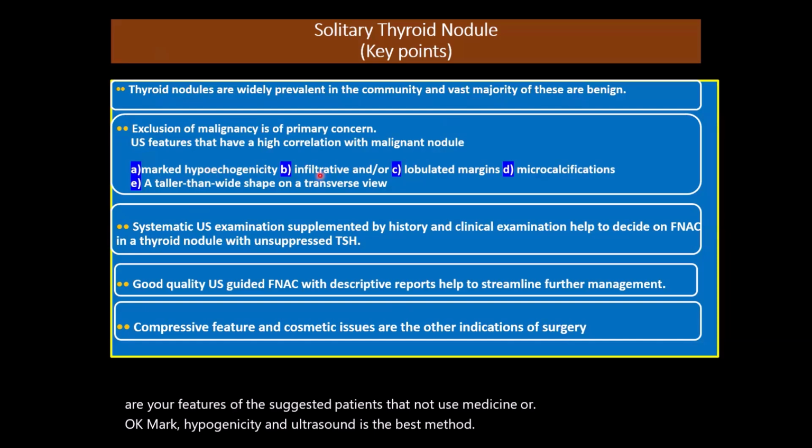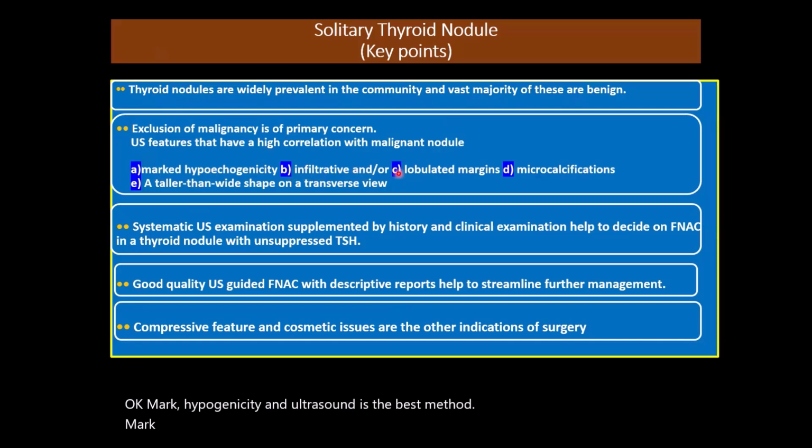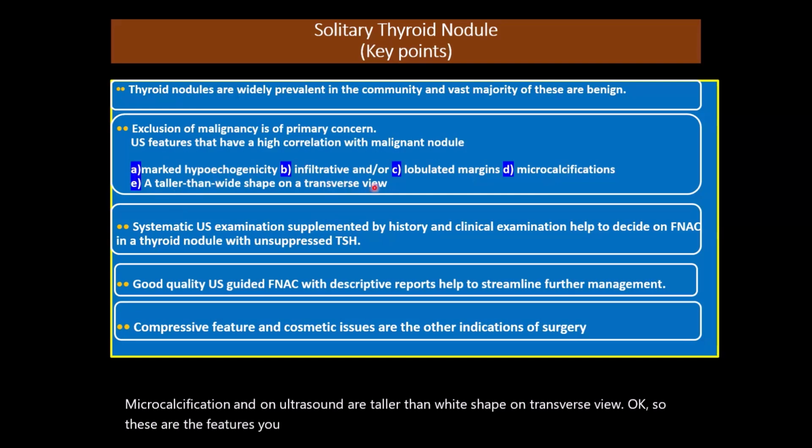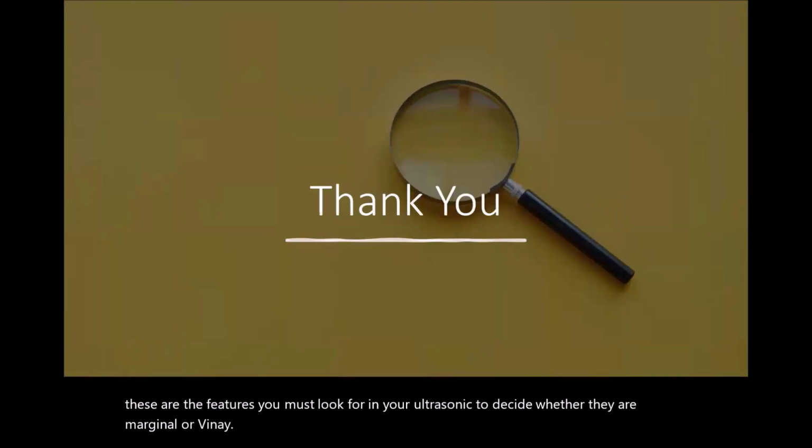Marked hypoechogenicity, infiltrative, lobulated margins. The margins are not very clear. Microcalcification, and on ultrasound, a taller-than-wide shape on transverse view. Okay, so these are the features you must look for in your ultrasound to decide whether they are malignant or benign.